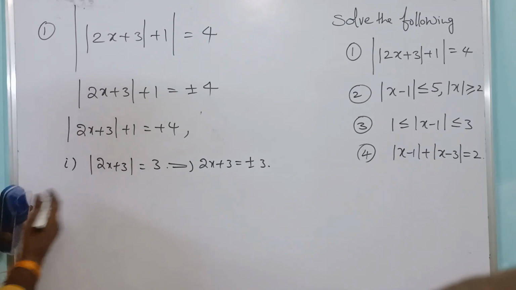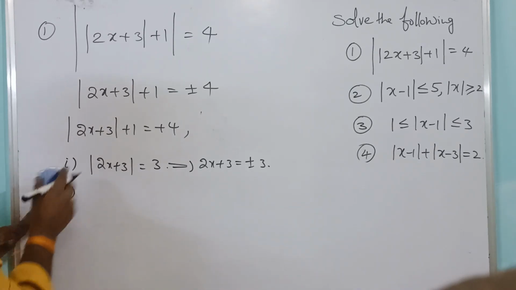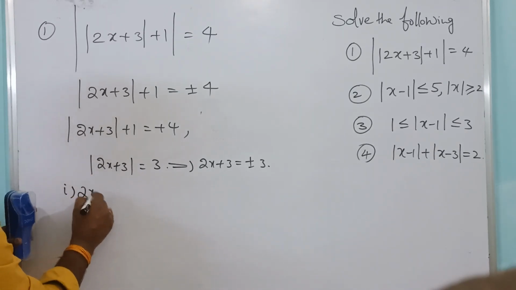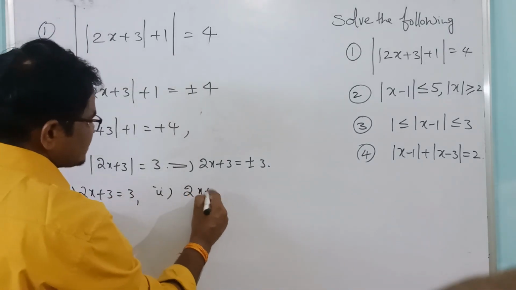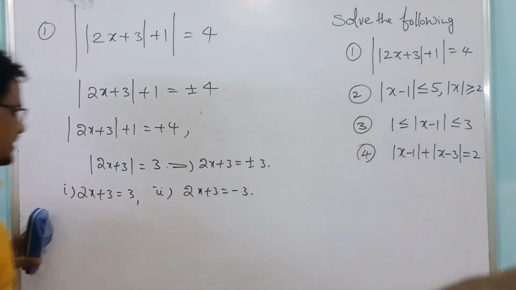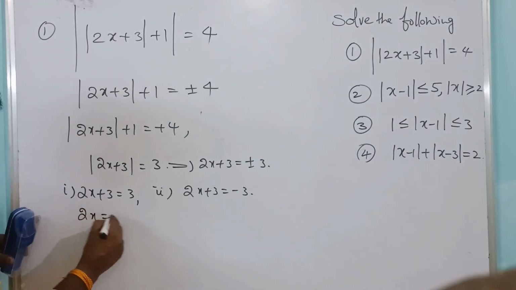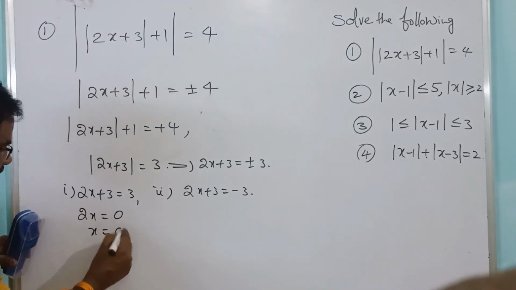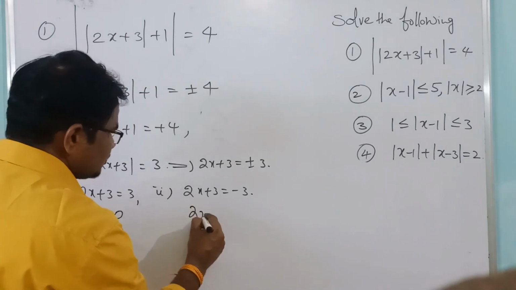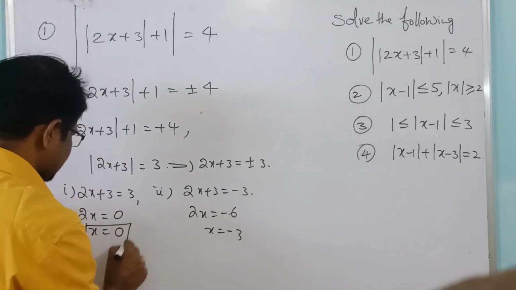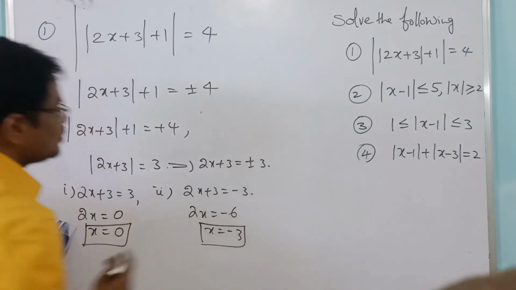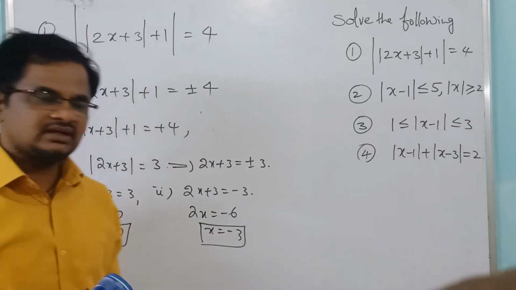So first one is 2x plus 3 equal to 3, and second one is 2x plus 3 equal to minus 3. Now here 2x equal to 0, x equal to 0. Now here 2x equal to minus 6, x equal to minus 3. So these are the two solutions of the given equation.